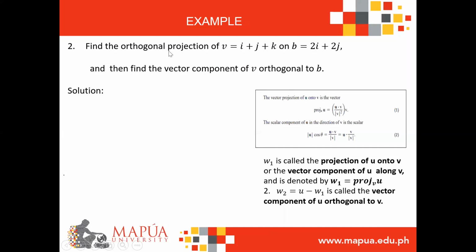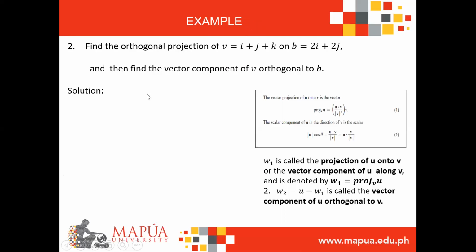Projection of u onto v equals u dot v over the magnitude of v squared times v. Then, to find the vector component of v orthogonal to b, we make use of the second formula, w2 equals u minus w1, which is called the vector component of u orthogonal to v.